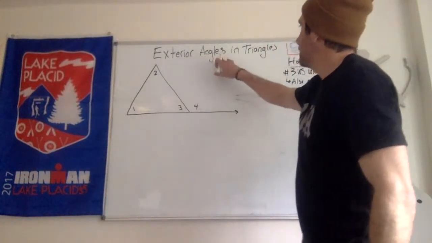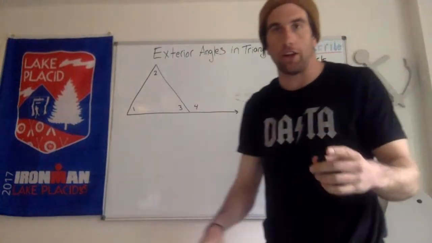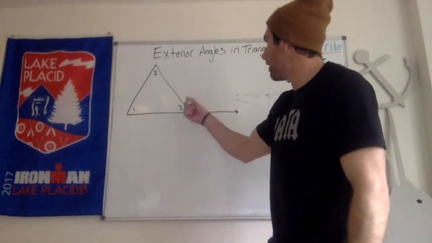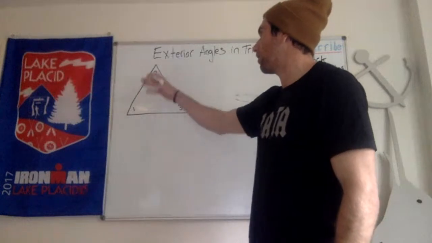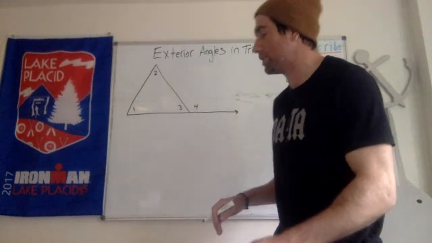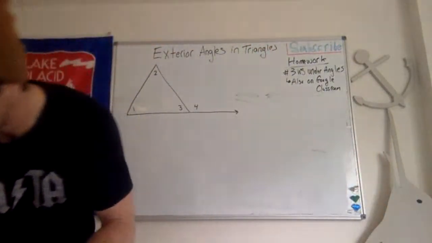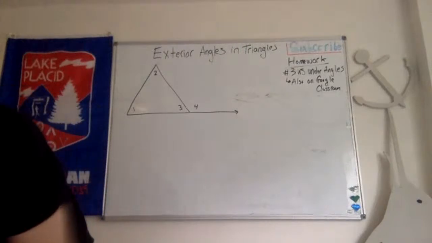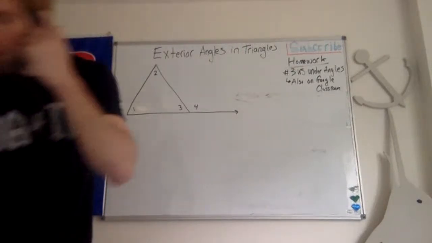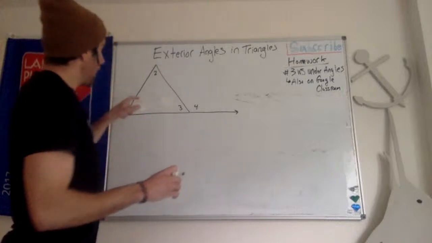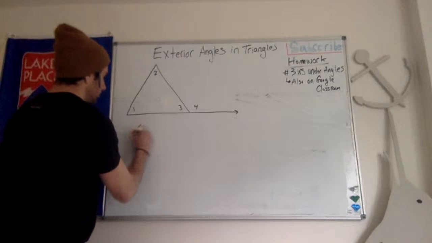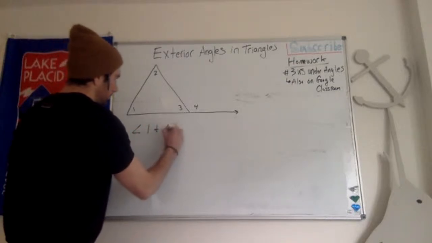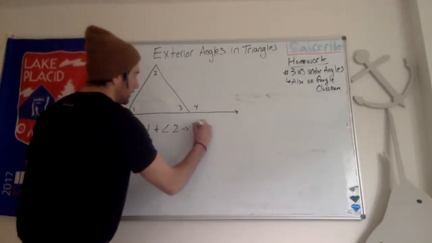So when we deal with exterior angles and triangles, there's a theorem to it of how to find all four of these angles given just a few exact angle measures. So I'm going to show you what that is. So angle 1 and 2 are called remote angles.